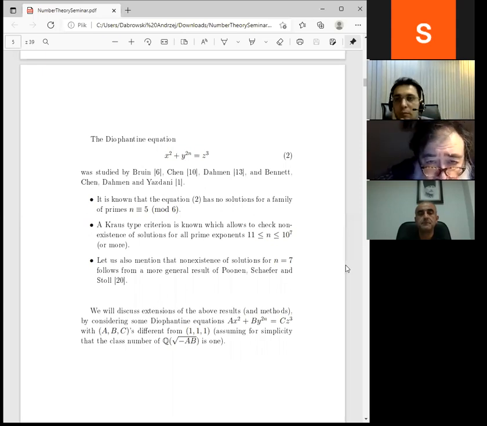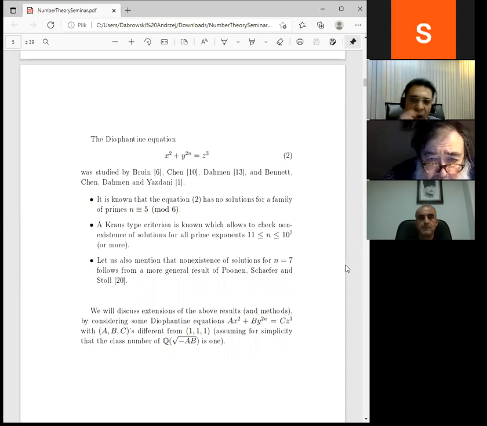It is known that such an equation has no solution for a family of primes congruent to 5 mod 6. Moreover, a Kraus-type criterion is known, which allows one to check non-existence of solutions for all prime exponents in a large interval.